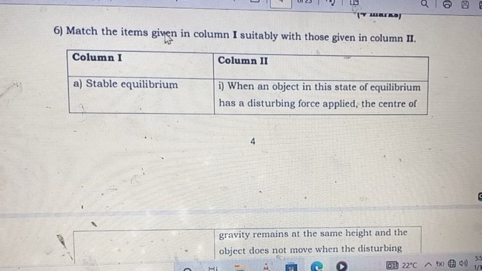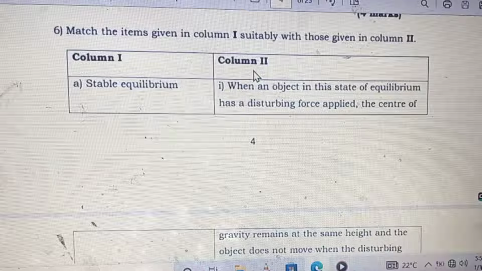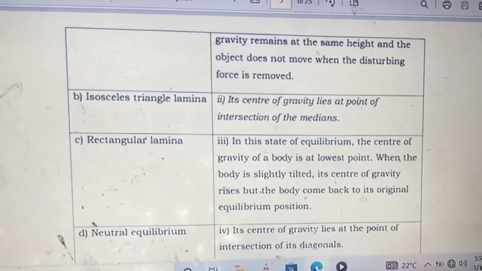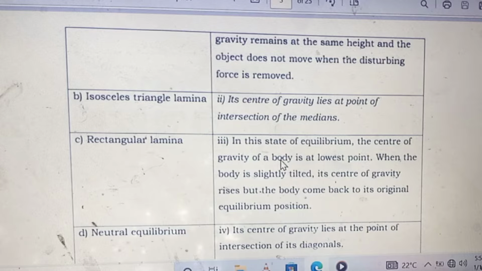Match the items given in column A suitably with those given in column B. We have column A and we have column B. A. Stable equilibrium. Match to III. In this state of equilibrium, the center of gravity of a body is at the lowest point.